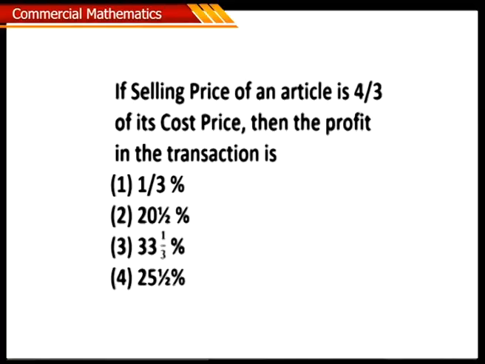Now, as we discussed earlier, we are talking about different types of problems like profit and loss. Here it is given like this. The selling price of an article is 4/3 of its cost price. Here you observe, suppose the cost price is X, then the selling price is 4/3 of X. Then what is the profit?